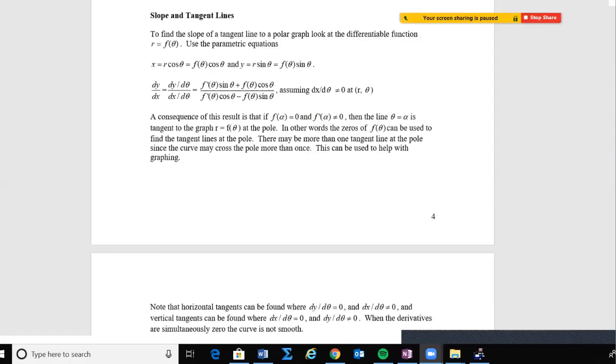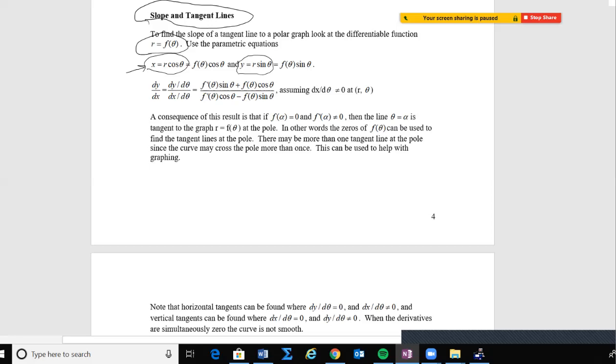Okay, here we're just talking about a few pieces of info about slope and tangents and tangent lines, starting with r is f of theta. Using these two relationships, and the fact that r equals f of theta, we can set up a parametric form like so, where theta becomes the parameter.